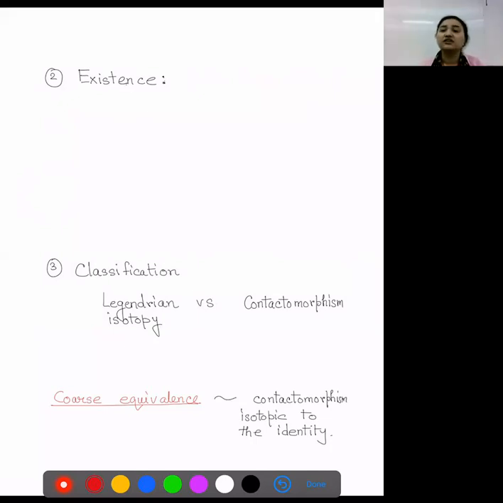And also, one thing is non-loose knots are rare. And this should not be surprising because non-loose knots are very closely related to tight contact structures, right? And tight contact structures are rare.